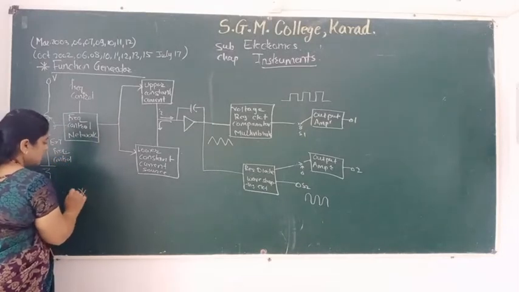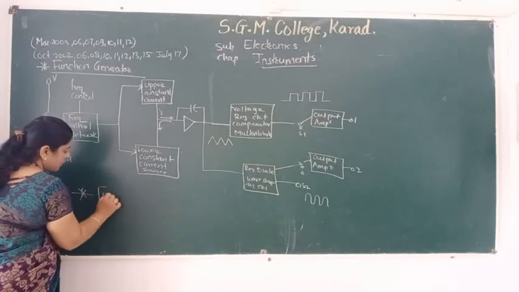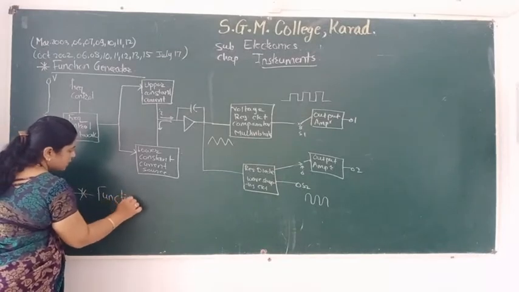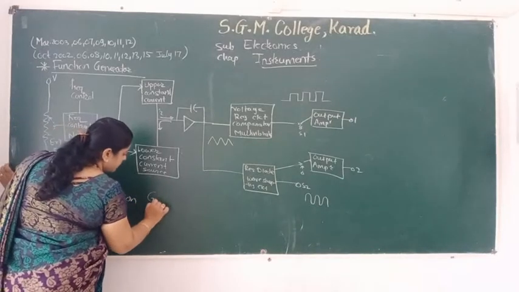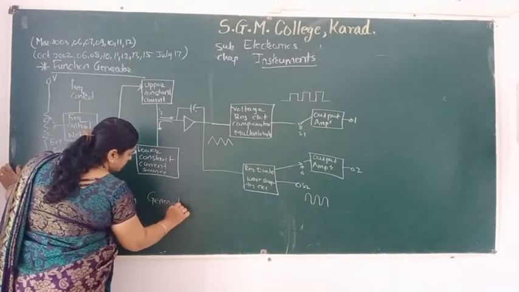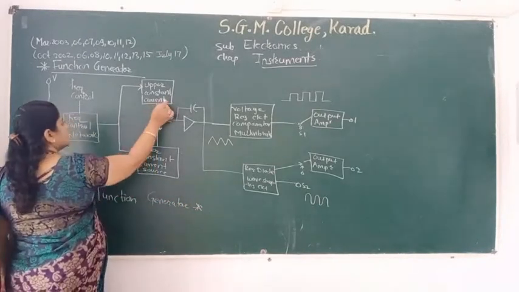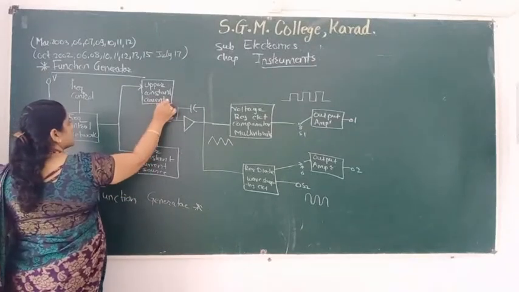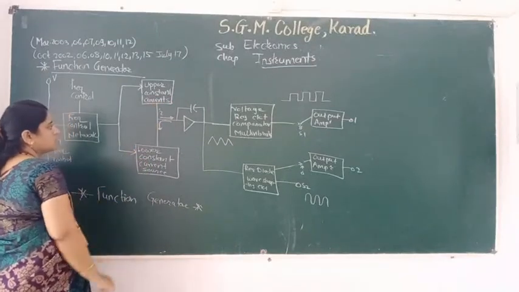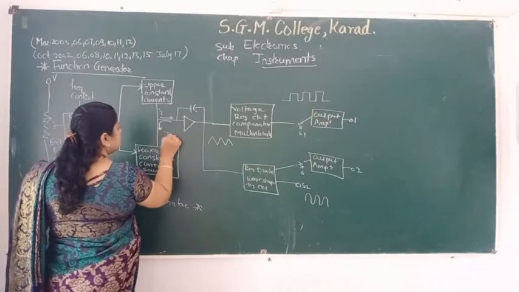So this is the block diagram of the function generator. Upper constant current source and lower constant current source are given to the integrated circuit.